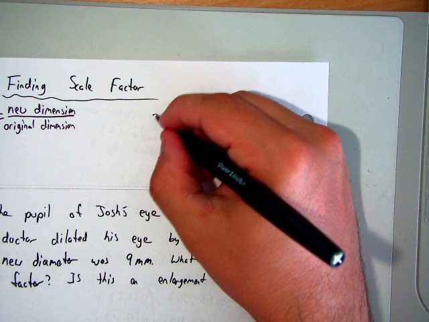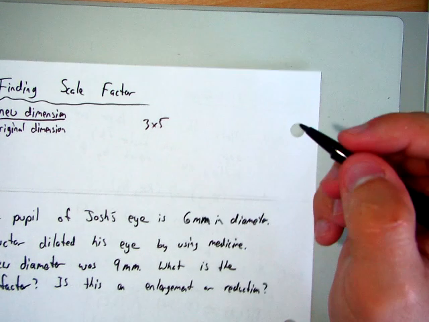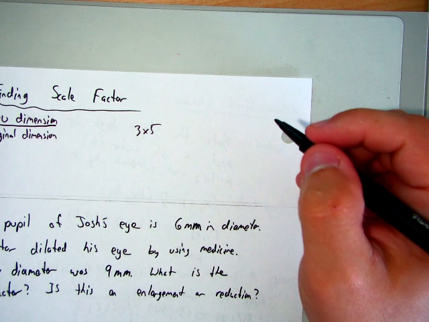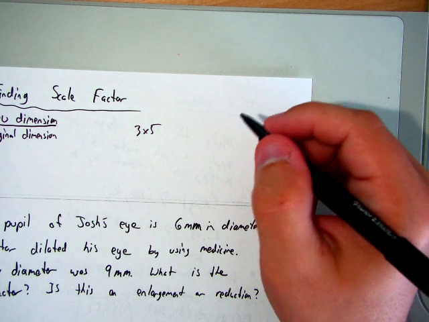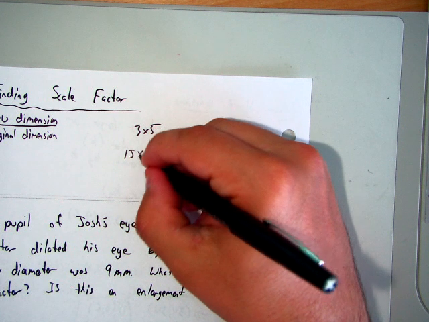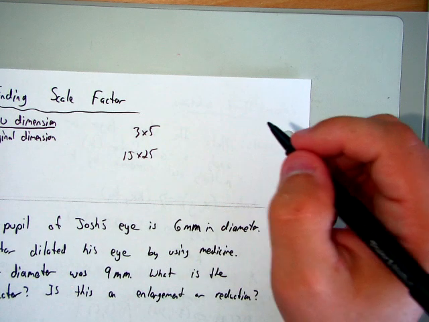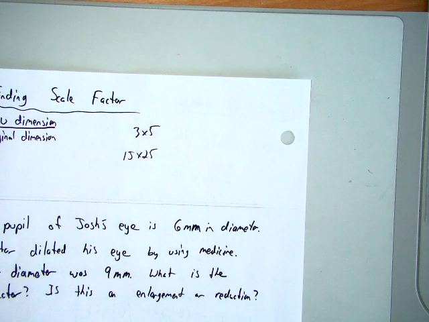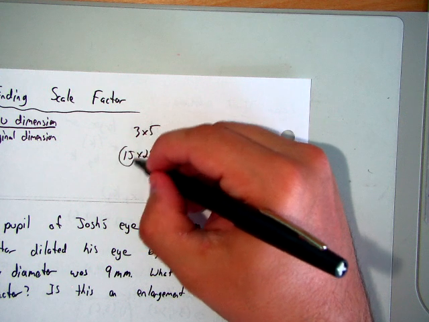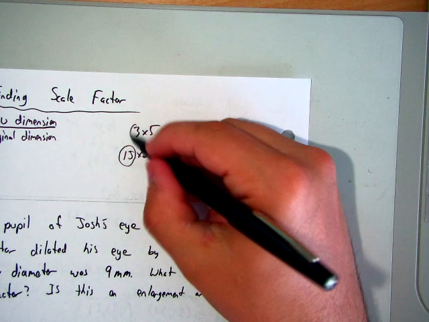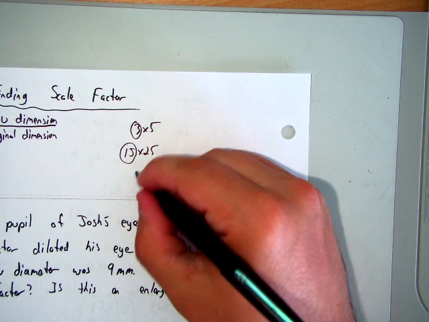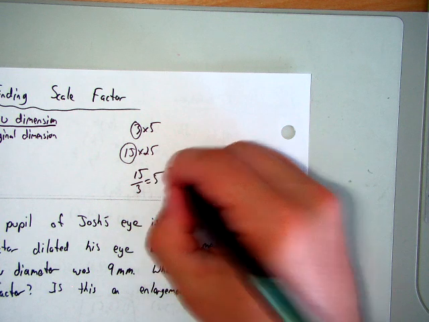So for example, if I have a 3x5 note card, and I want to expand that so it now becomes a 15x25 poster almost. The new dimension is 15. The original would be 3. So I'd have 15 divided by 3, and the scale factor would be 5.